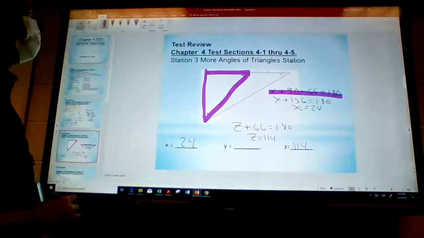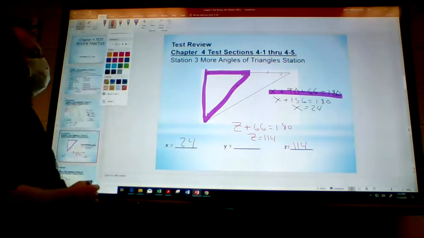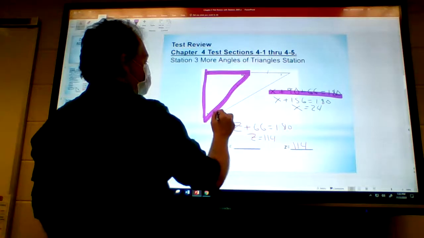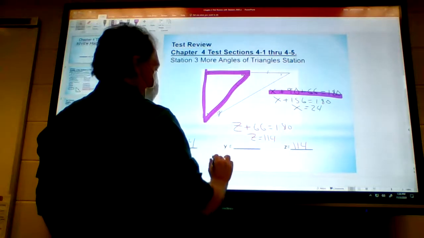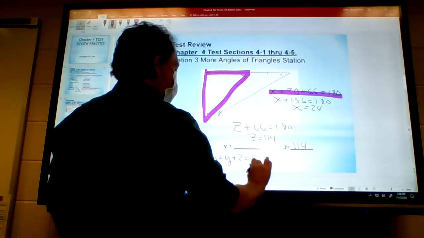Now, here's one thing that's a little tricky. You got to really be careful here. This right there is an isosceles triangle, so that makes this angle y. So that means that y plus z equals 180.